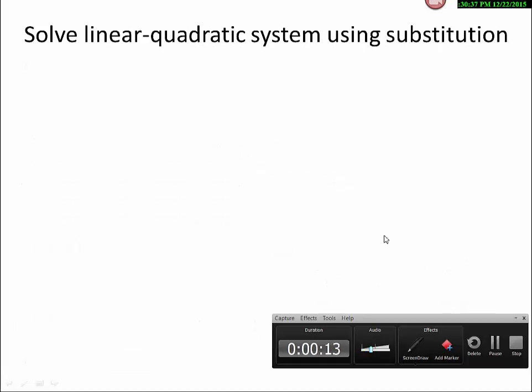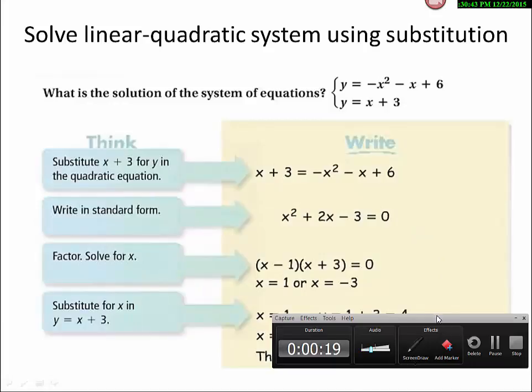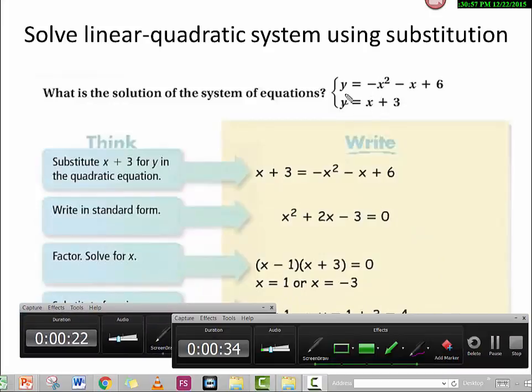Other than graphing, we can also solve a linear quadratic system by substitution. Here's an example. So this is the quadratic equation because we have the second power, and for the linear equation we have only the first power.